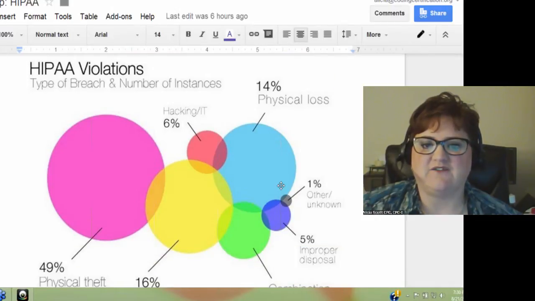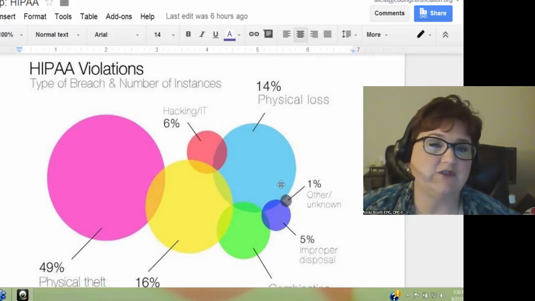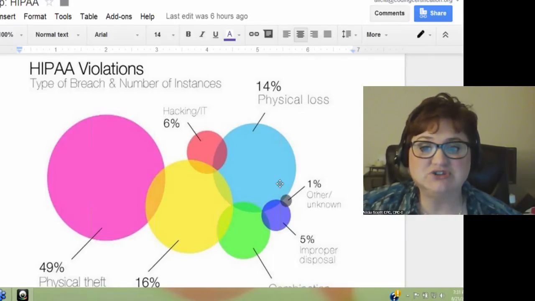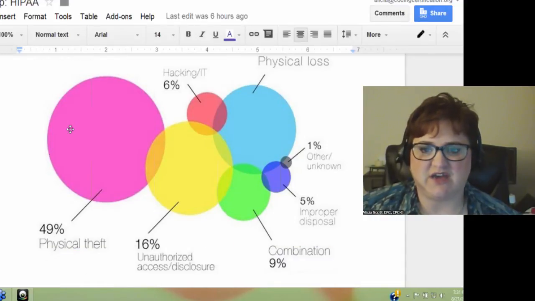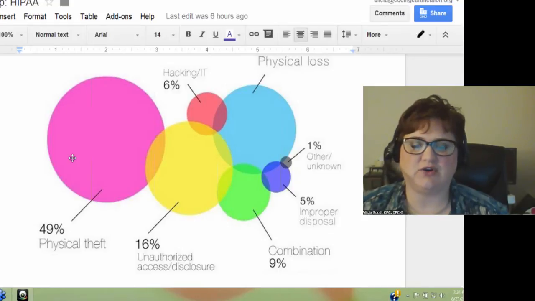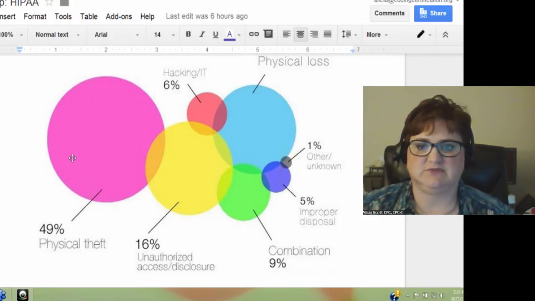And then I found another fantastic slide. This was from 2012, though, and I'm sure it's changed since then. Here we go. HIPAA violations, type of breach, and numbers of instances. Now, physical theft. That would be somebody physically taking a record or information, like just swiping it, I guess.